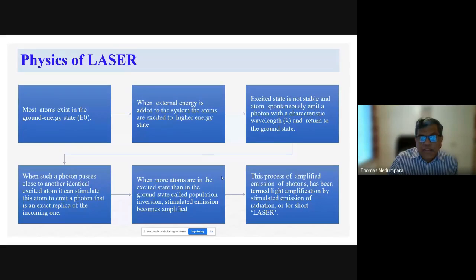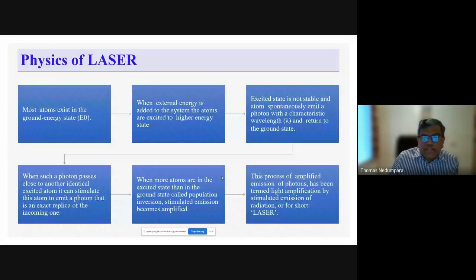In the beginning of the 20th century, people knew about the spontaneous emission of radiation in the form of photons. And Einstein in 1916 postulated that stimulated emission of photons is also possible. What is the difference between spontaneous emission and stimulated emission?